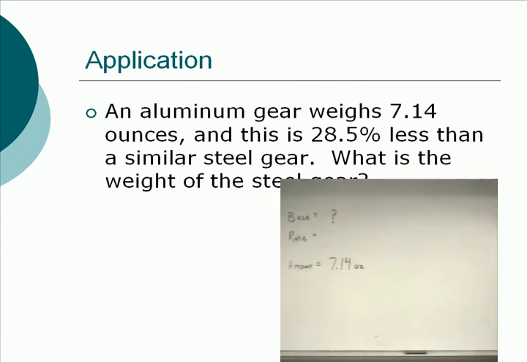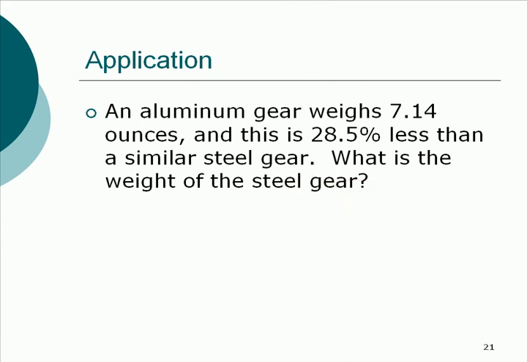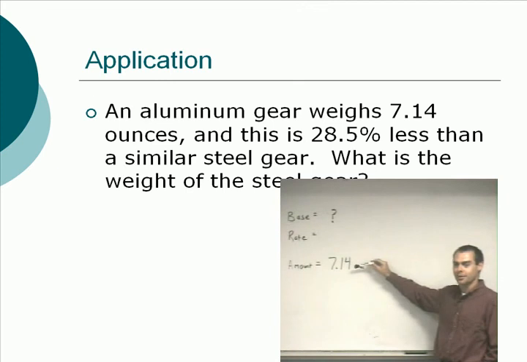And our rate? 28.5% refers to the amount of reduction. That's how much less it weighs. But the 7.14, your amount, refers to how much weight is still there. Okay?